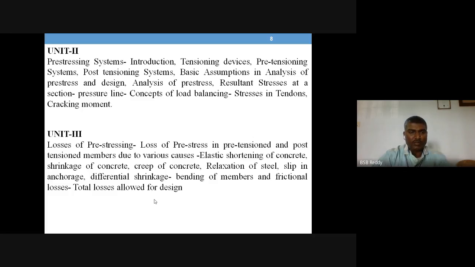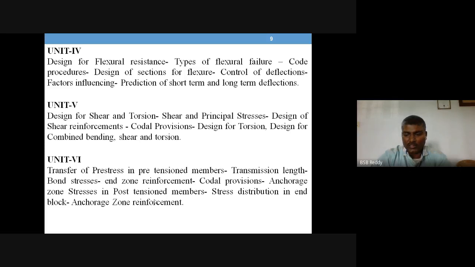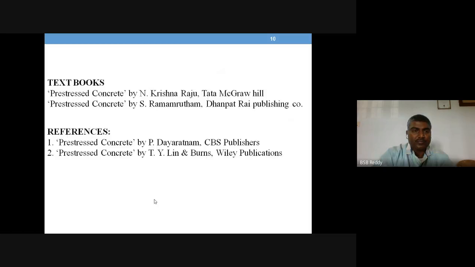Unit 3 will be losses, unit 4 bending design, unit 5 shear and torsion design for pre-stressing, and unit 6 will be completely about the end zone.